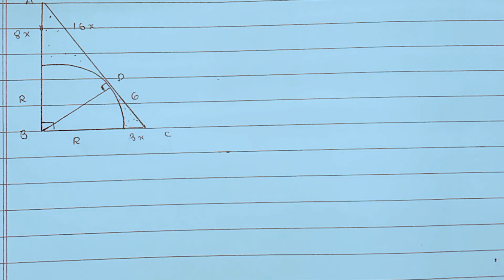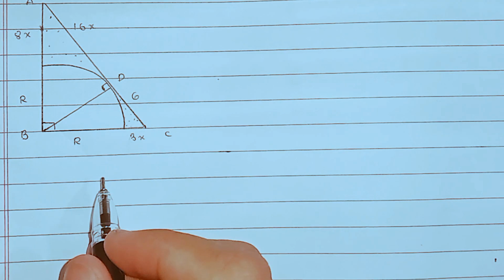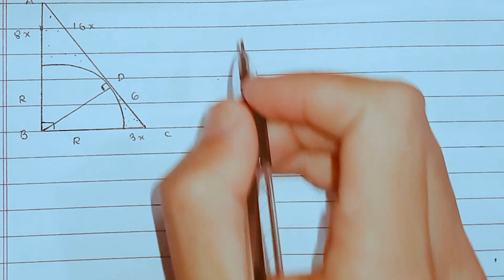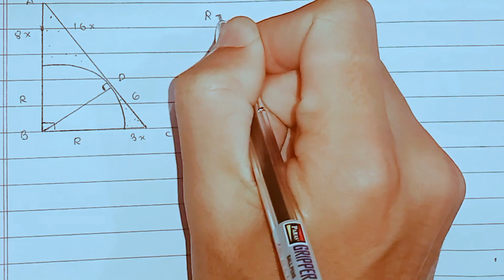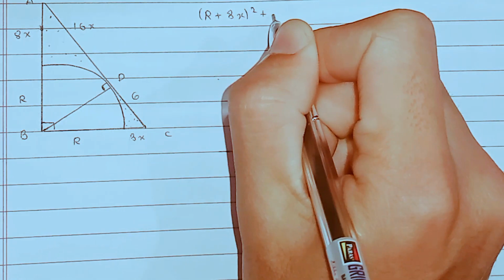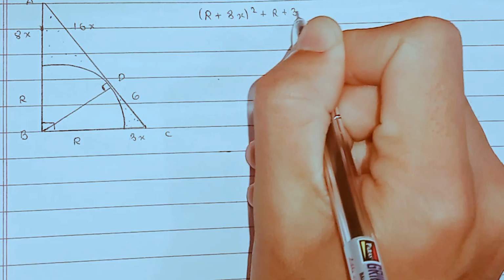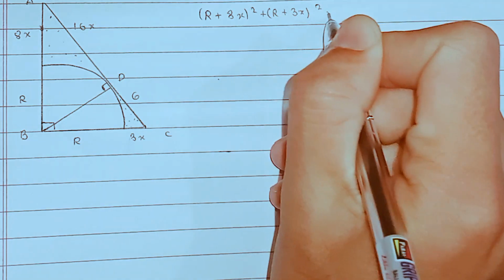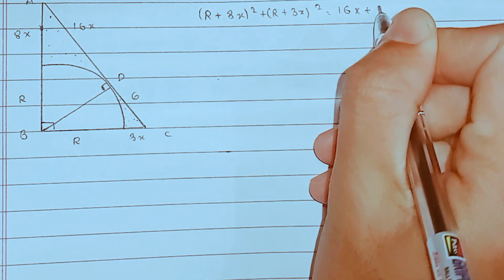So to solve this question, first of all, let's write the Pythagoras theorem here. The square of the perpendicular, that is (8x + r) whole square, plus the square of the base, (r + 3x) whole square, is equal to (16x + 6) whole square.